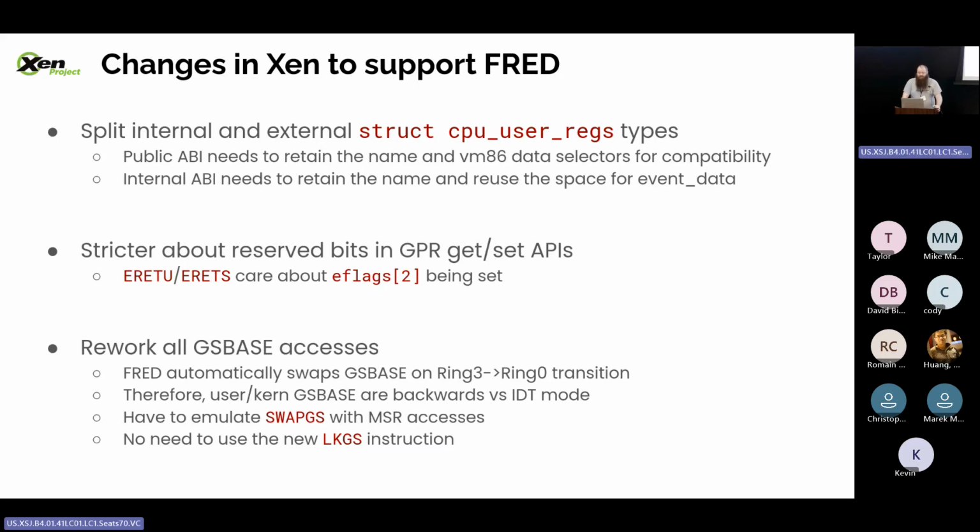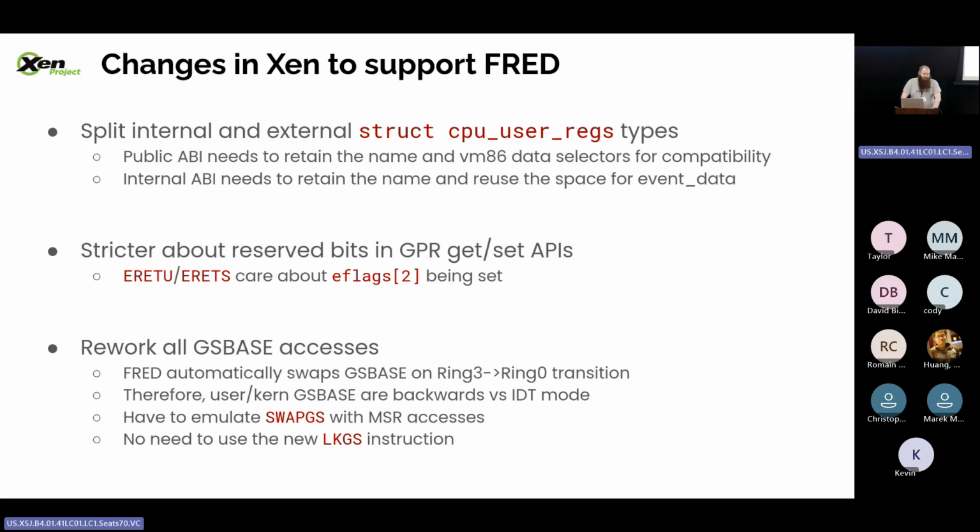Xen doesn't use GS base because the guest kernel and guest user do use it. As a result, in Xen, which GS base is which depends on whether you're logically in guest user mode or guest kernel mode, or context at least. Under Fred, they're the opposite way around because hardware automatically switched it for us on the way into the hypervisor.